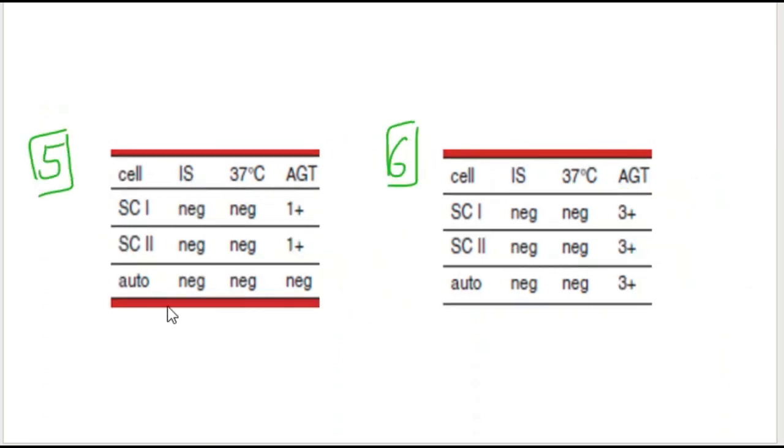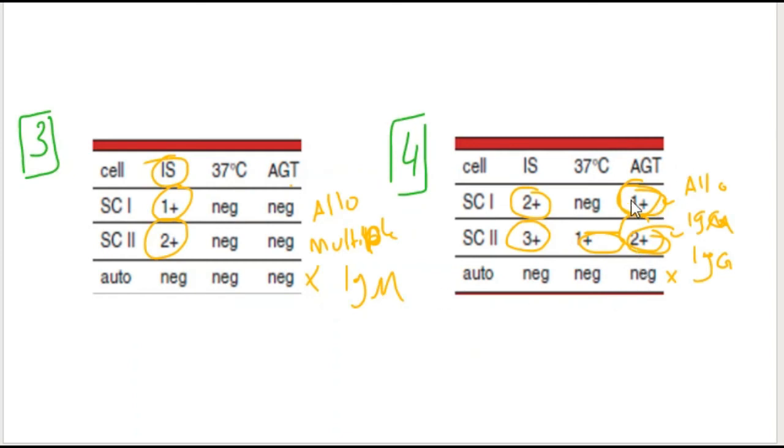Example 5, again it's positive here and positive here, and this is negative, so it's an allo antibody. And it's positive, but we can see here they have different strength. So like in the previous example, this may be an indicator of the presence of multiple antibodies, and also an indicator of dosage effect.